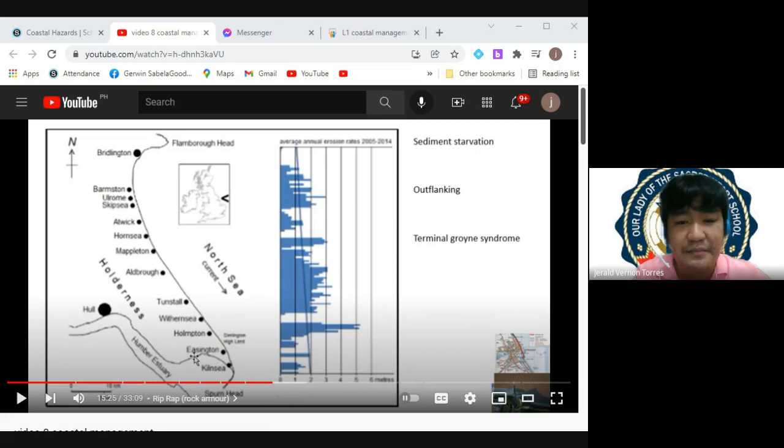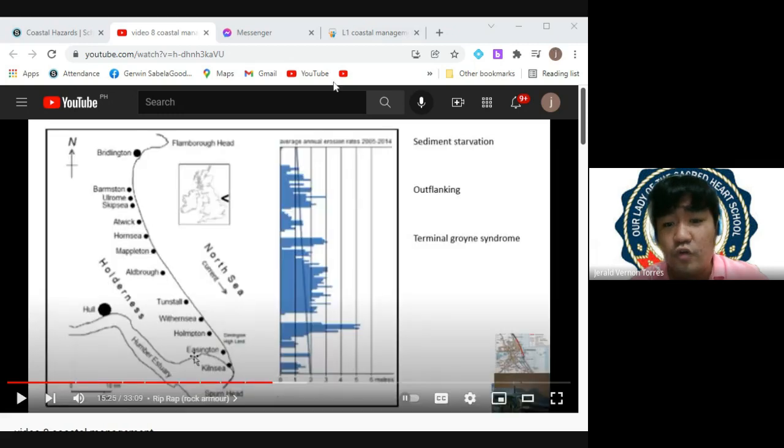What is the difference? In hard engineering methods, we use artificial barriers like those shown to you earlier. Examples of artificial barriers are the seawall shown in the video, revetments, rock breakwater, and riprap. Those are examples of hard engineering techniques you can use for coastal erosion management. So remember, when our methodology is hard engineering, it's more on artificial barriers.